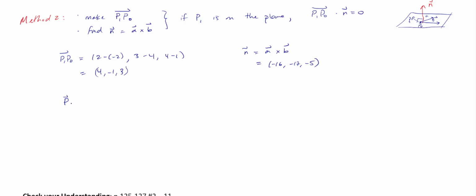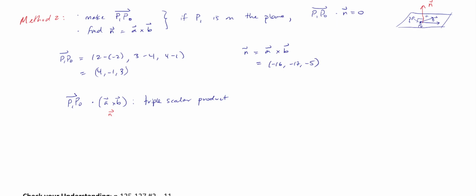P1P0 dot the n vector, where the n vector is just A cross B. So we'll see if the triple scalar product is equal to 0.